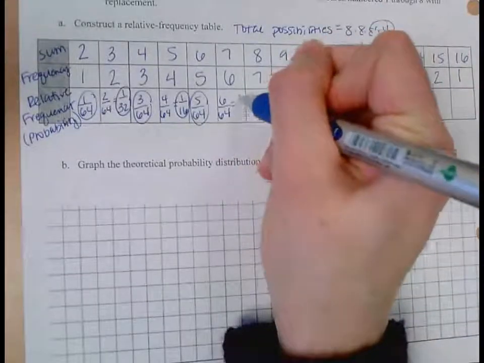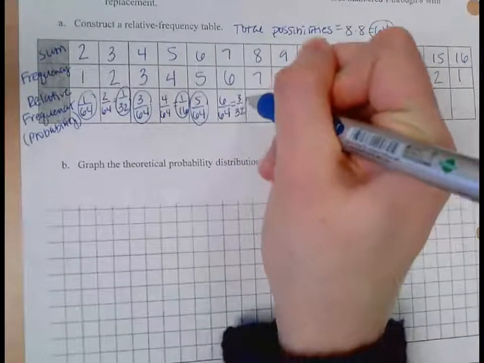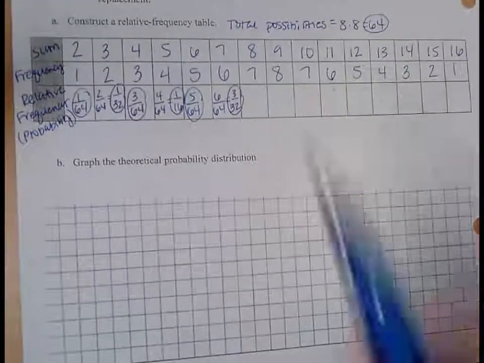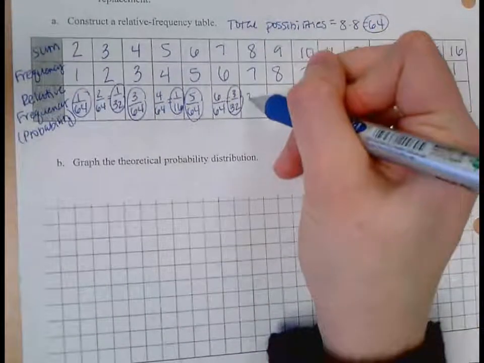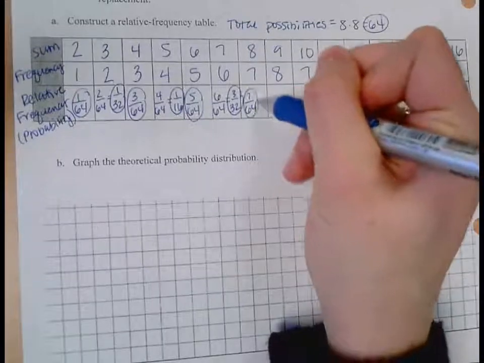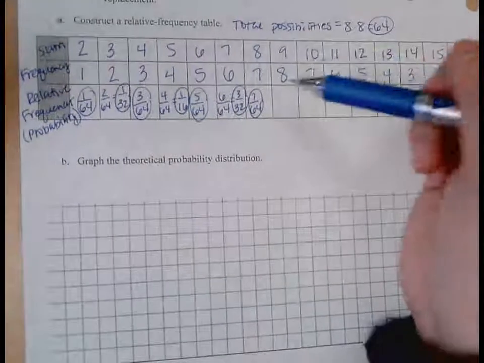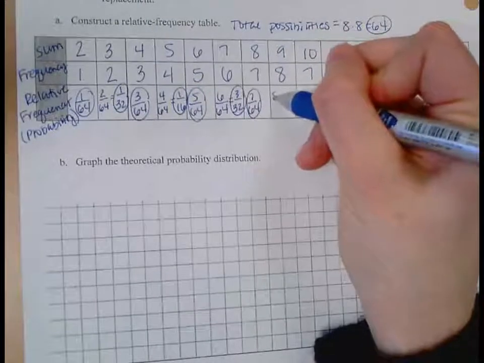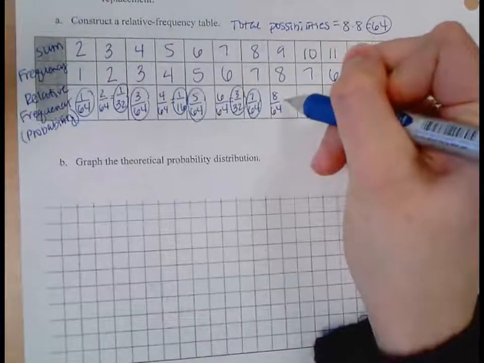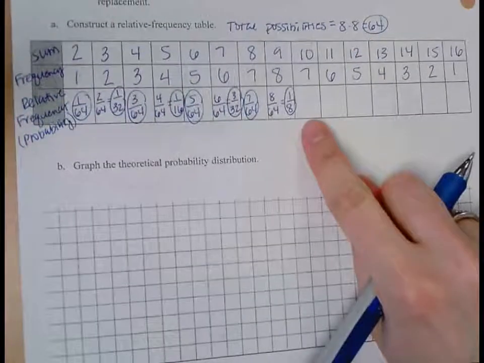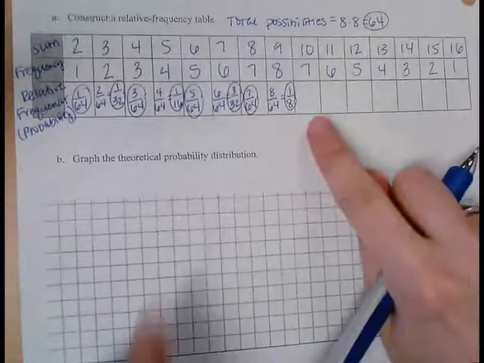So it's 3 out of 32. A sum of 8 would be 7 out of 64, and that's already simplified. And then a sum of 9 is 8 out of 64, which we can divide both by 8. That's 1/8. And then we're going to see those probabilities start to repeat.